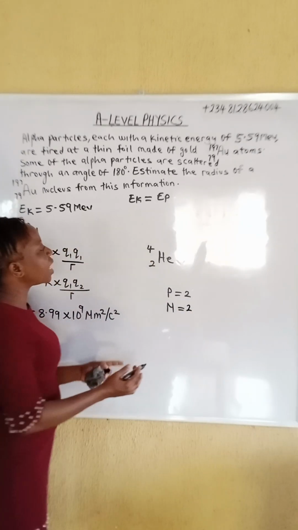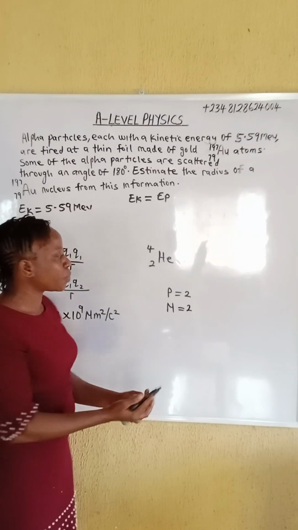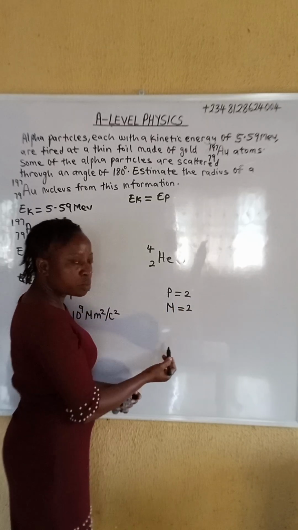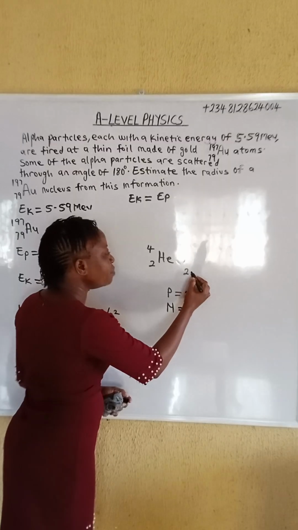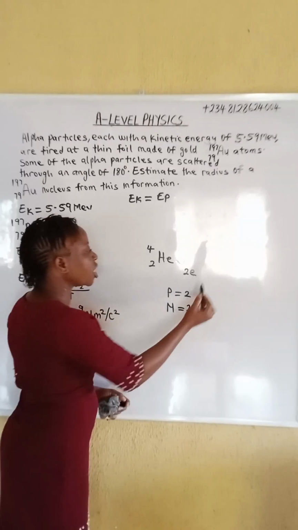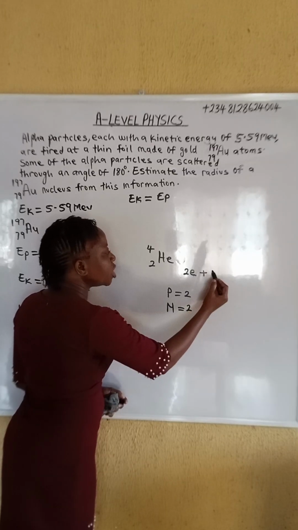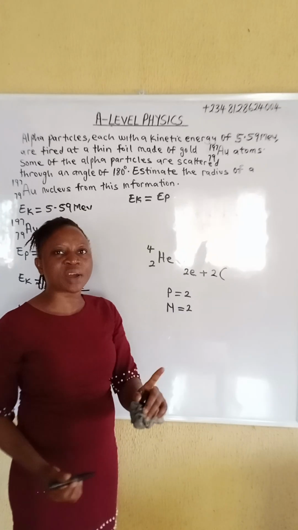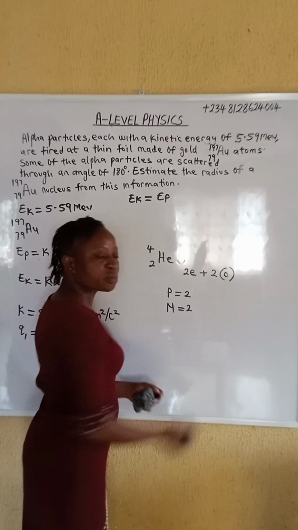Now we are going to add the particles in the nucleus together. Protons are 2, so that will be protons multiplied by the elementary charge, plus the neutrons. Neutrons are 2, but we should not forget that neutrons are neutral, so they contribute 0.